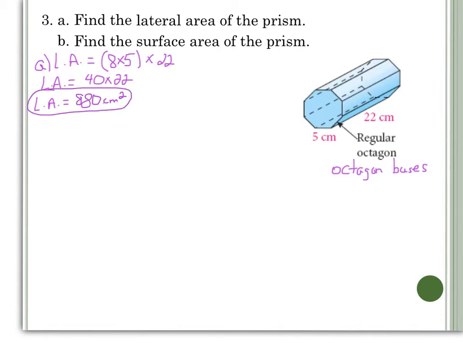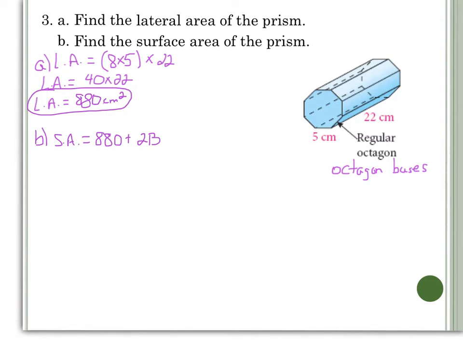Okay. And then for part B, we want to find the surface area. So our lateral area plus 2 times the area of the bases. Now, area of our bases would be the area of a regular octagon.